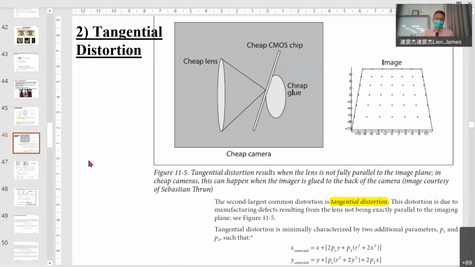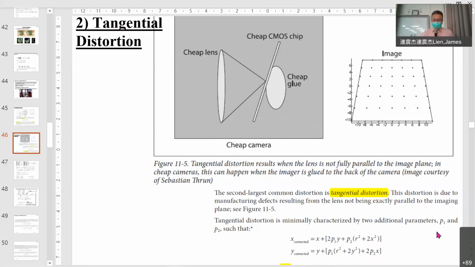If you have a better product from Germany or Sony, some high-priced cameras, that means they have high quality here, because most people don't know how to do the calibration. For the tangential distortion, there are P1 and P2.